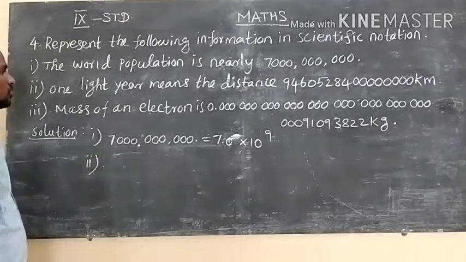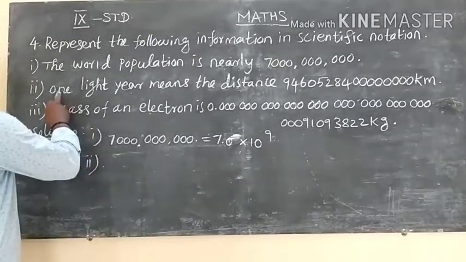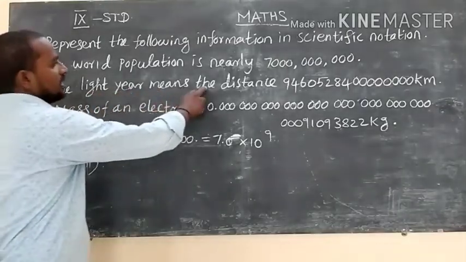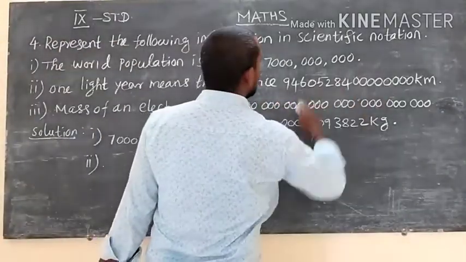Then the second question: the scientific notation of 1 light year, which means the distance, this number.